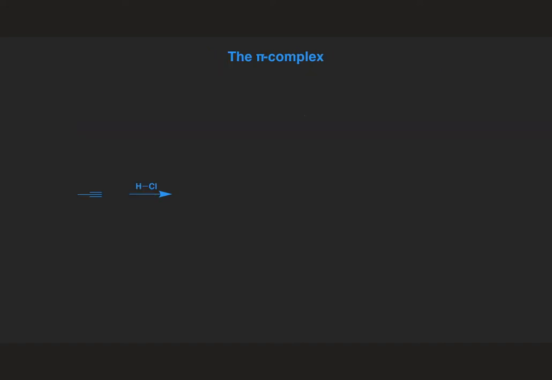Because the vinyl carbocation intermediate we saw before, which looks like this, we gave electrons there and formed this vinyl carbocation. Because that's so unstable, many chemists believe that this goes through something called a pi complex. So instead of forming that, we're going to form this.